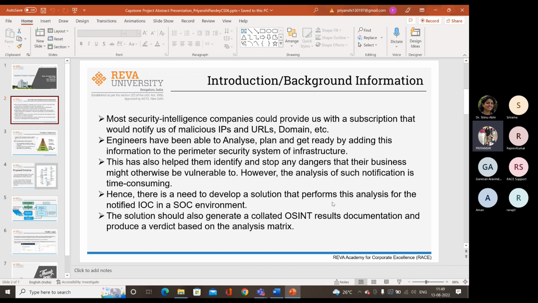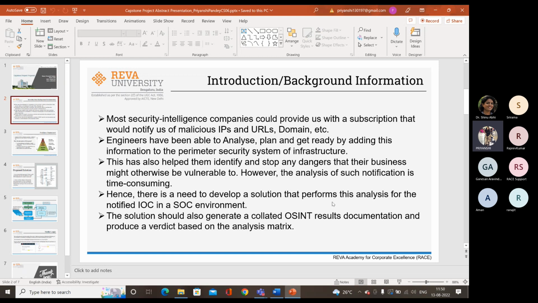Once this analysis takes place, we also document what each tool is stating, starting from VirusTotal, URLScan.io, and what result these tools are giving is what we document.